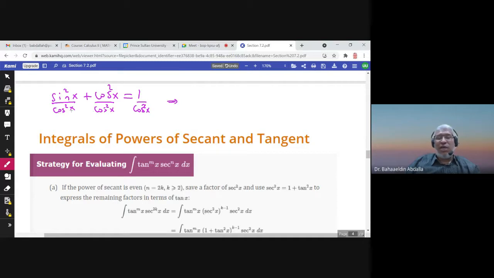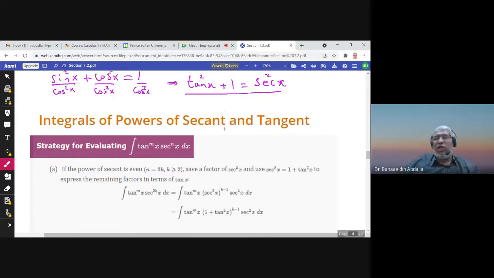Sine over cosine is tan, so sine square over cosine square would be tan square. This is 1. 1 over cosine is secant, but we have cosine square, so it will be secant square. So we have a relation between tan square and secant square, and we can use this relation to change tan square to secant square and secant square to tan square.